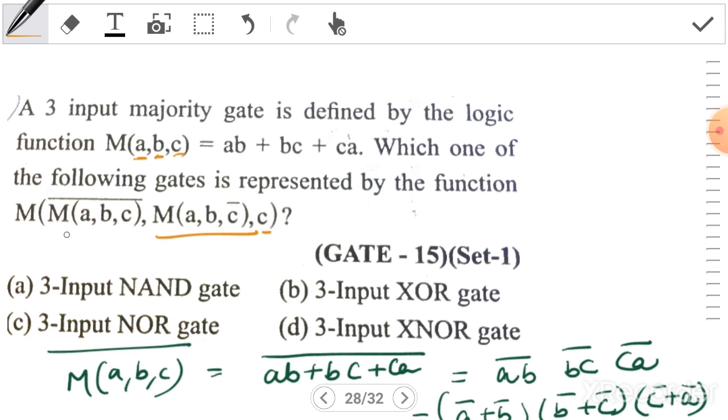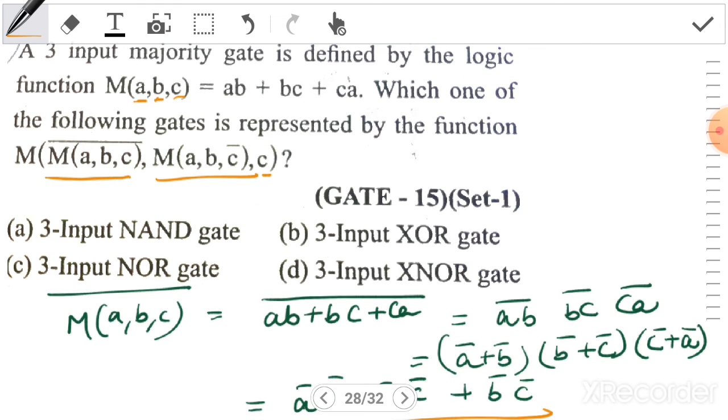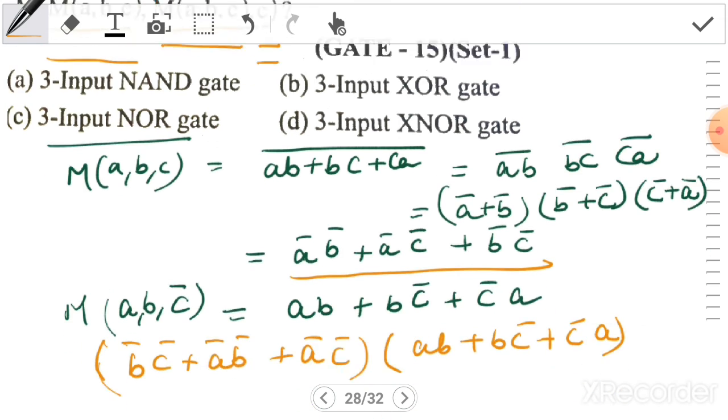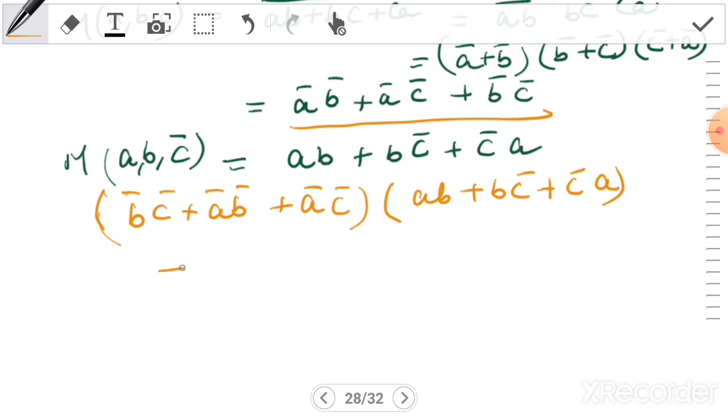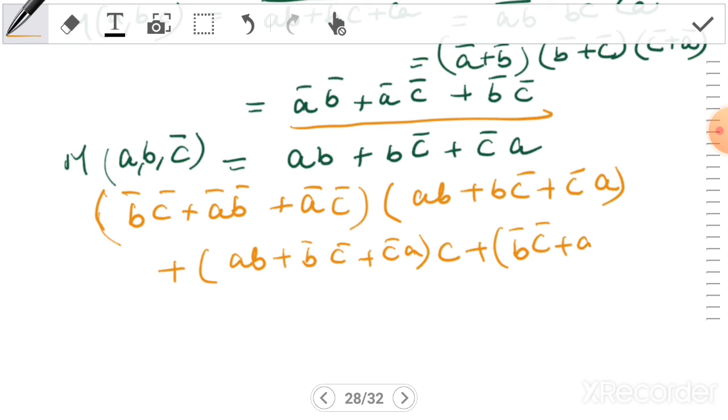So we are actually multiplying this and this plus BC. So B and C, then C and A. So again plus AB plus B complement C complement plus C complement A times C plus B complement C complement plus A complement B complement plus A complement C complement C. Let us simplify this.